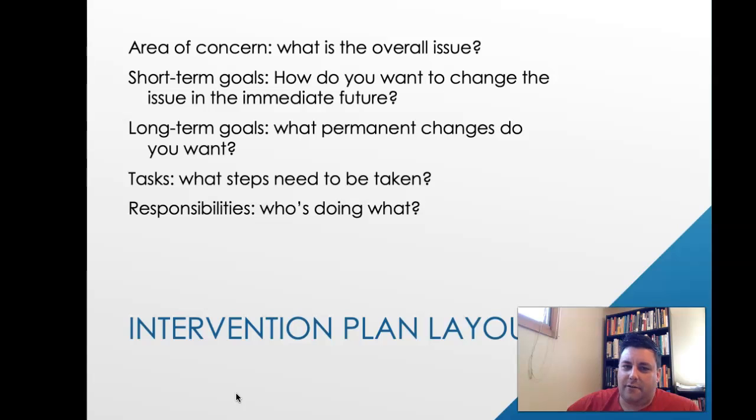Then tasks include what steps need to be taken, and that's where your objectives come into play. Your responsibilities would be who's going to do what, and usually social workers will include responsibilities they're going to do. That might be something like, I'm going to answer the phone when the client calls, I'm going to provide support, I'm going to write a letter on her behalf.